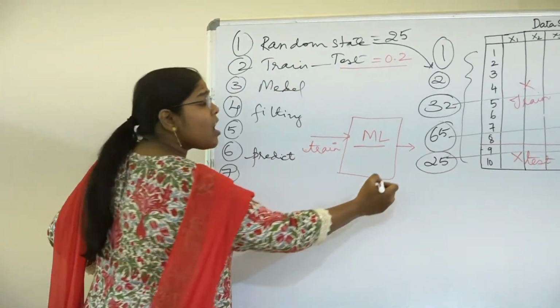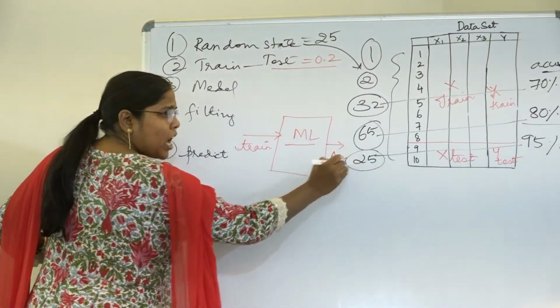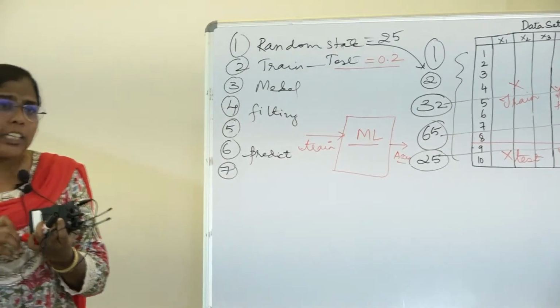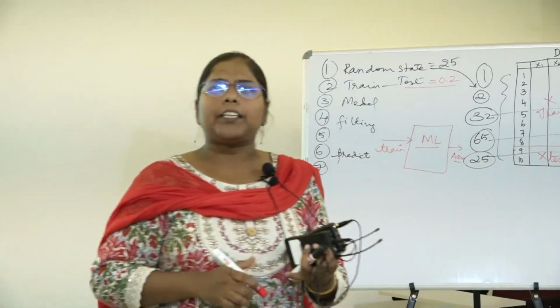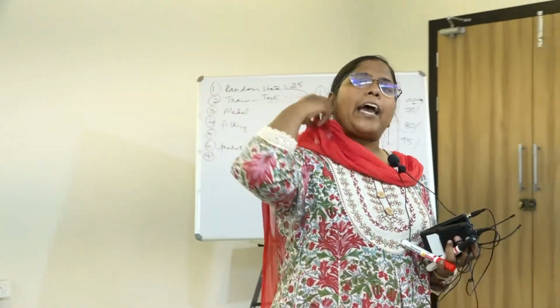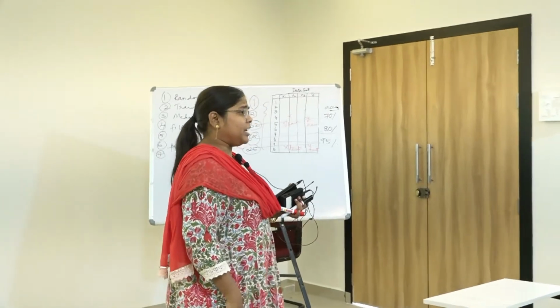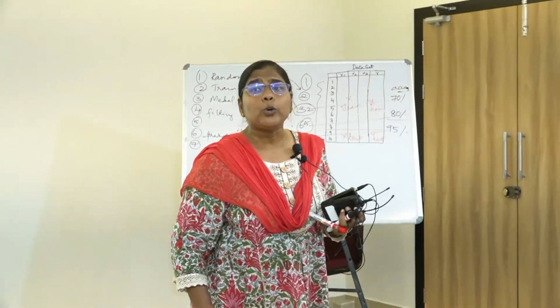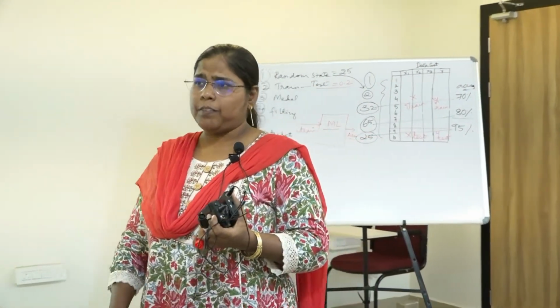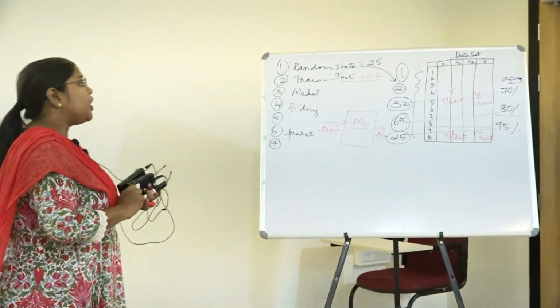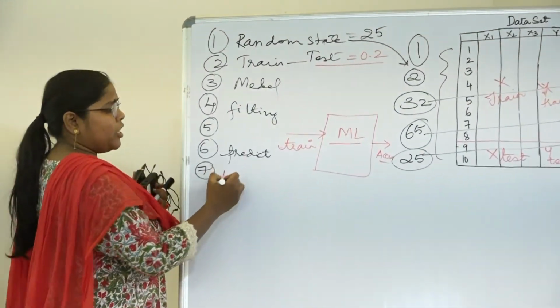We are getting the accuracy. Are you getting the accuracy directly? No. We won't get accuracy directly, but we need to calculate the accuracy. That method is called evaluating.